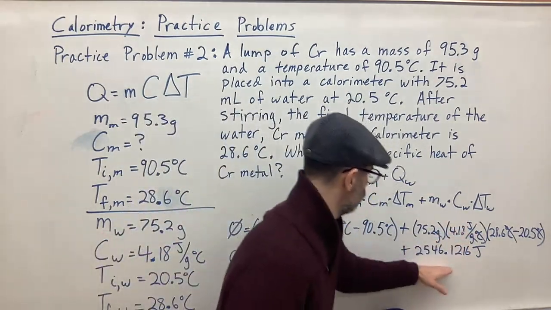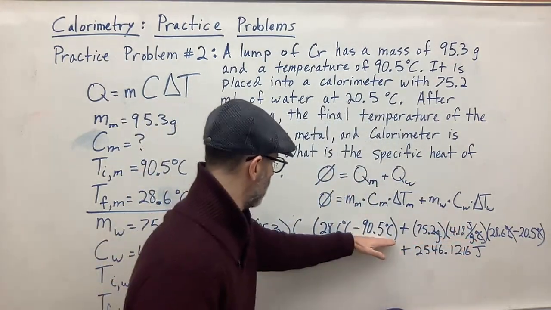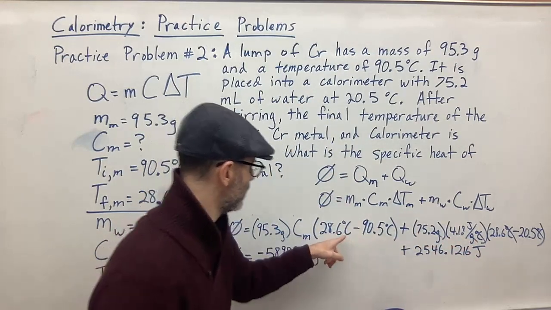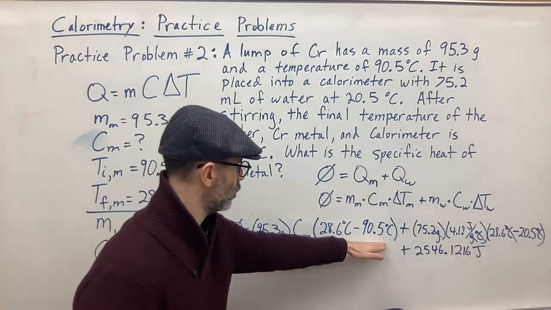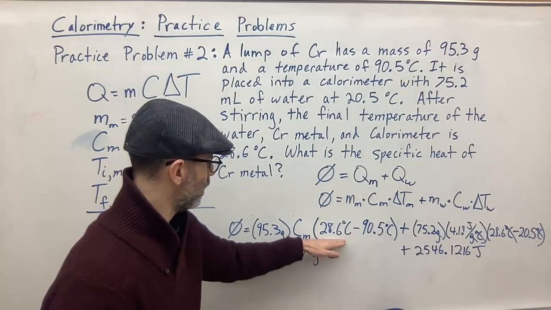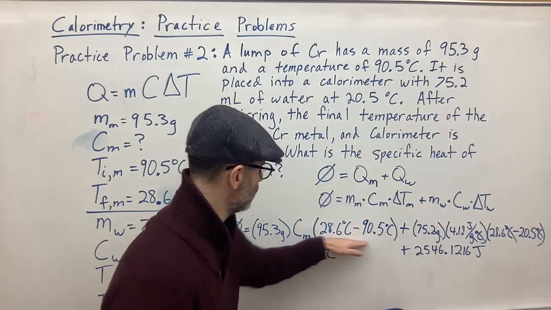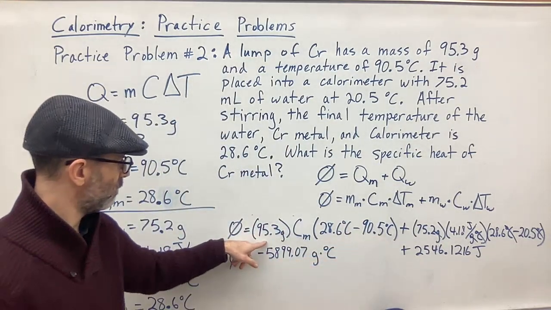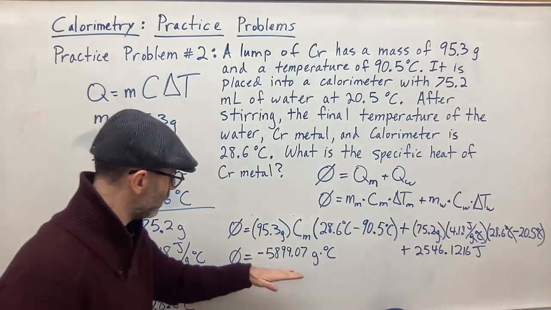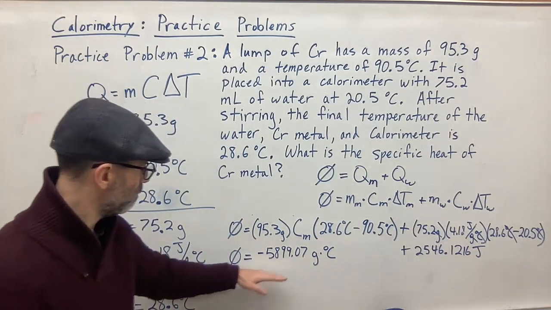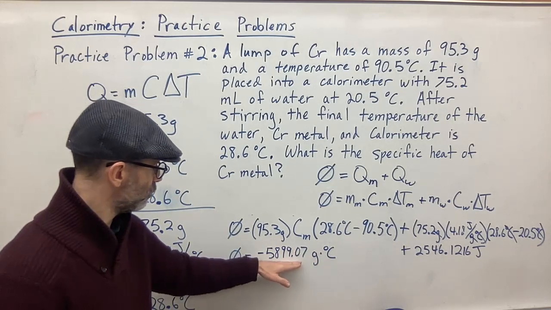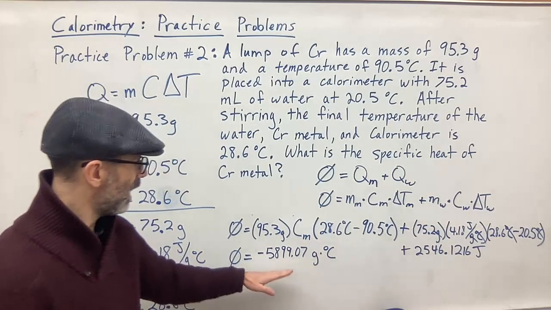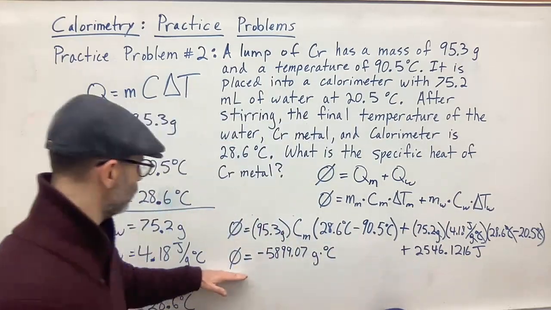Then I calculated the temperature change, which is negative because I'm subtracting a larger number from a smaller number. So this is going to be negative, and I multiply by 95.3 grams. Then on this part here I get 5,899.07 gram degrees Celsius. Now these are added together and they equal 0.